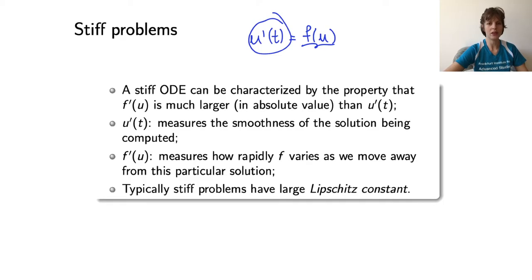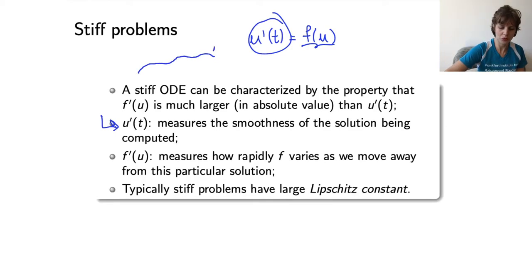So U prime measures the smoothness of the solution being computed. So it's the slope of the solution, right? Because if the solution is smooth, everything is okay.